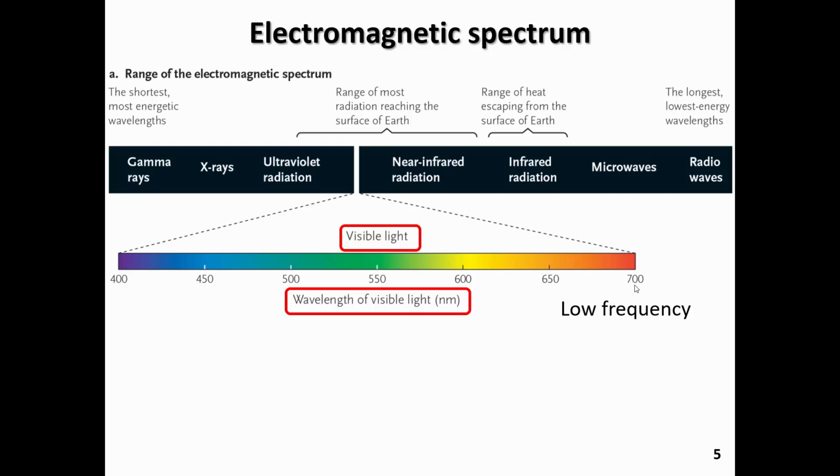That is inversely related to the frequency. So these are low frequency. This is the low frequency spectrum of visible light, and the low frequency gives rise to relatively low energy. High frequency waves are associated with waves that possess high energy.